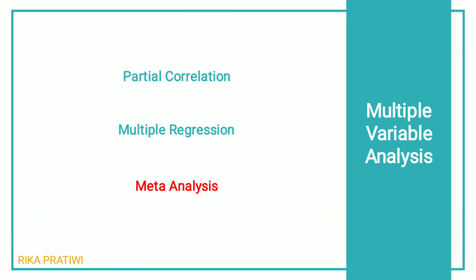Okay, the last about multiple variable analysis is meta-analysis. Meta-analysis is evaluating the results of individual studies and deriving an overall numeric index of the magnitude of results. The intent of this research is to summarize the results of many studies.